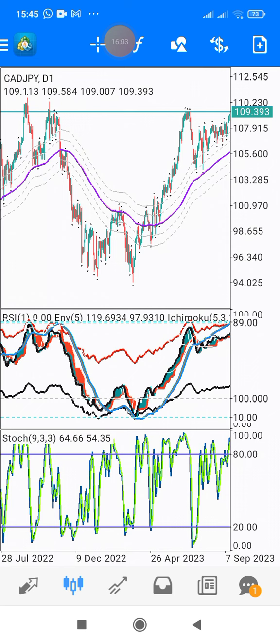Then now when we want to get better entries into this market, then we'll still move down on stochastic. Stochastic gives us the better entries into the market, depending on the time frame we are using.